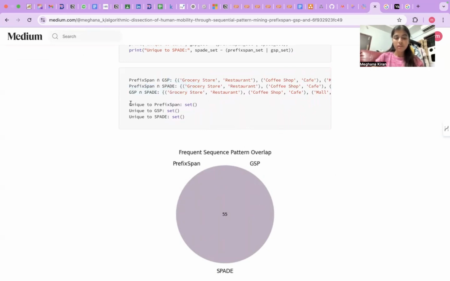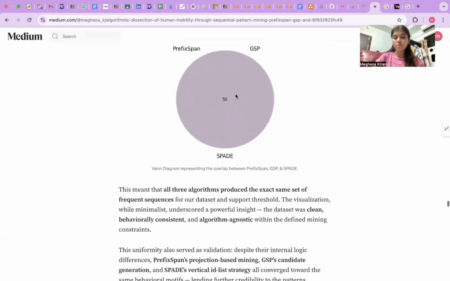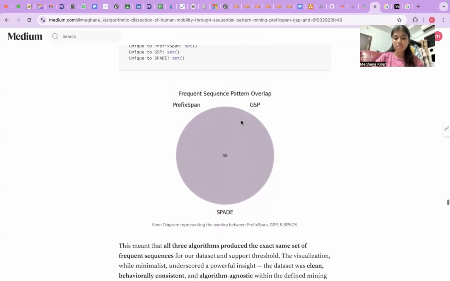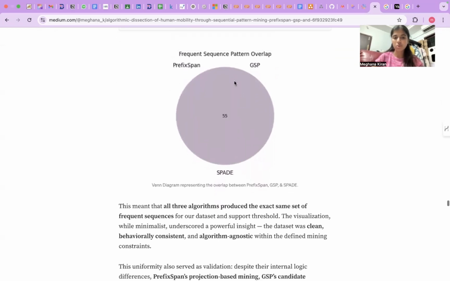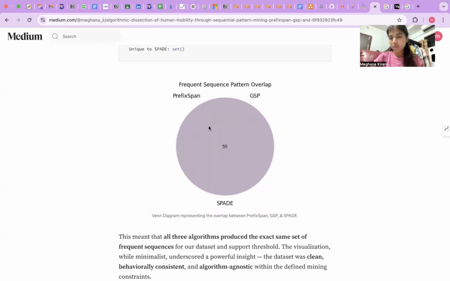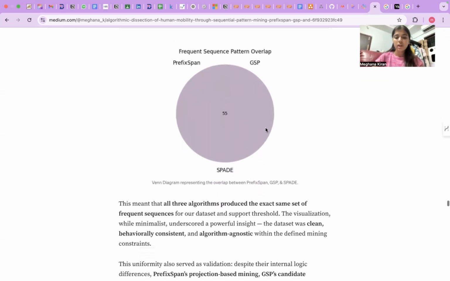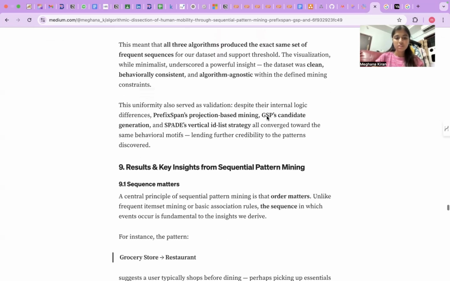Anything unique to any of these three is none. That means all three algorithms produce the exact same set of frequent patterns for our dataset and support threshold, and this Venn diagram visualizes the same. It also tells us the toy dataset that was created was clean and behaviorally consistent with the defined mining constraints.